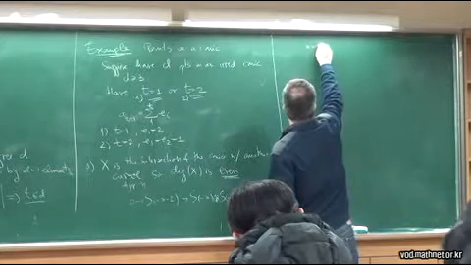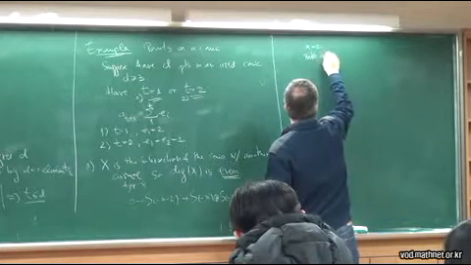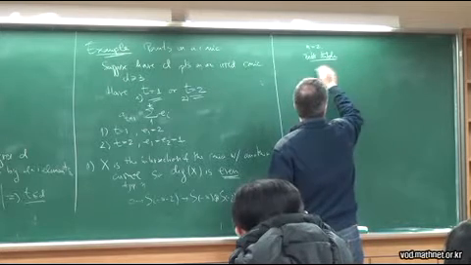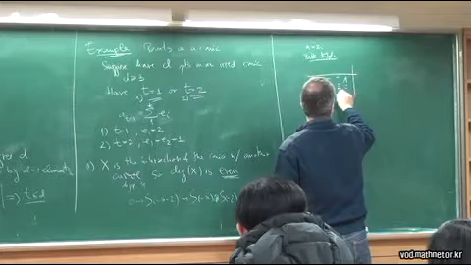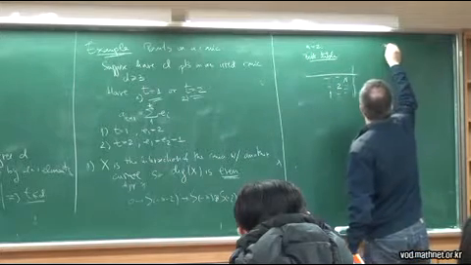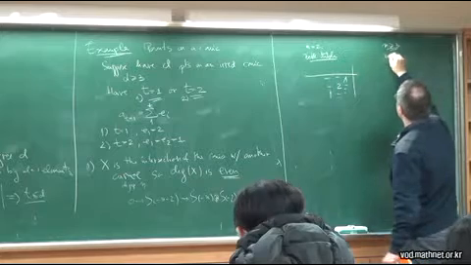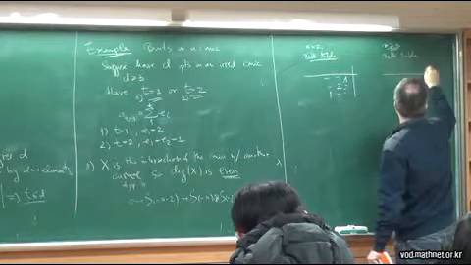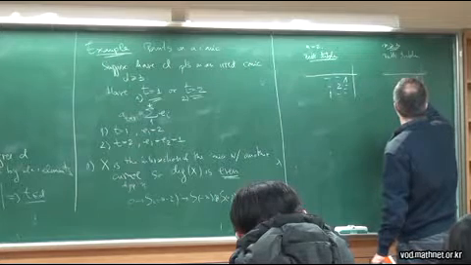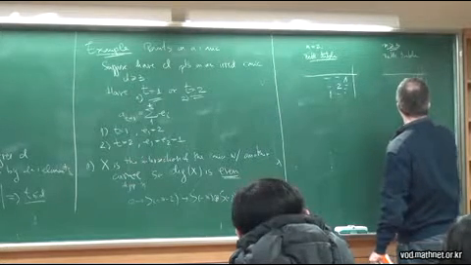So if n is 2, then the Betti table is 1, 2, 1. And if n is at least 3, then the Betti table is, let's see, 1, 2, 1, 1, and 1 here.